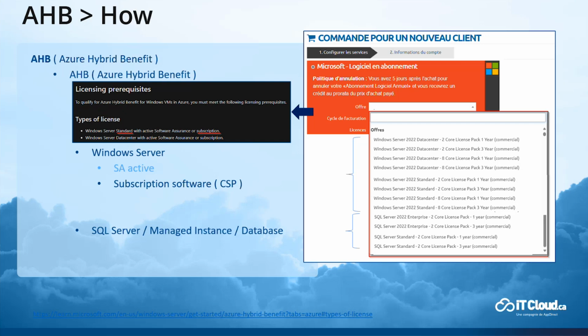Something in particular you need to understand about the Standard concept: one license for one machine. 8 vCPU is the minimum on Azure, so you need to get one license pack of at least 8 vCPU per machine.